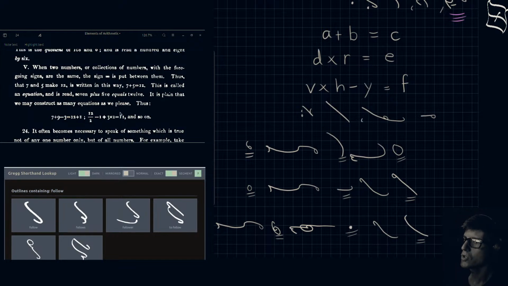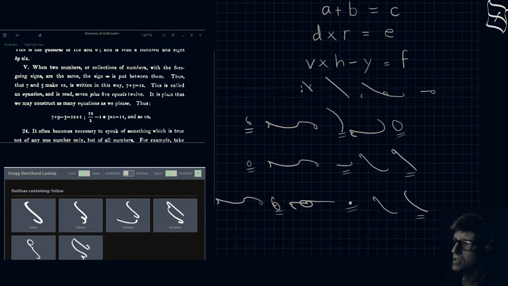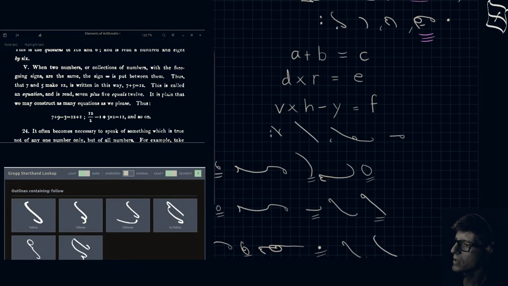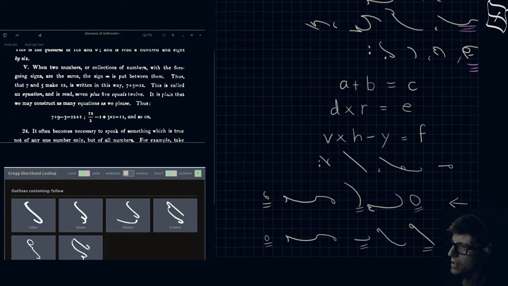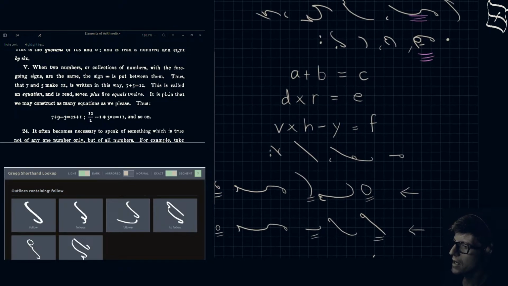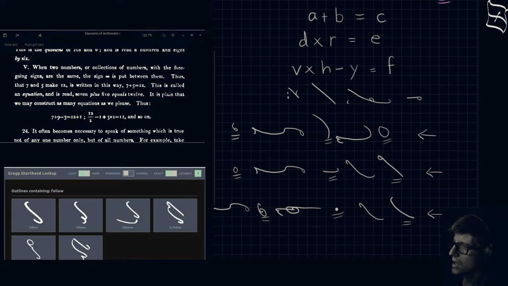Yes, so you can construct as many equations as you please. One thing I do want to note is we have the first one here, the second one is here, and the third one is here, right? It would state A plus B equals C. D, and D I think is just the D symbol, right?